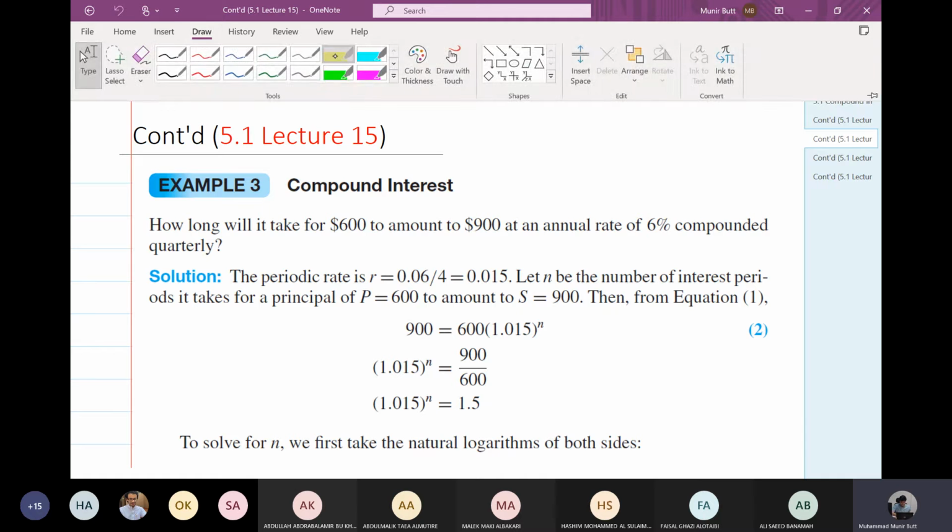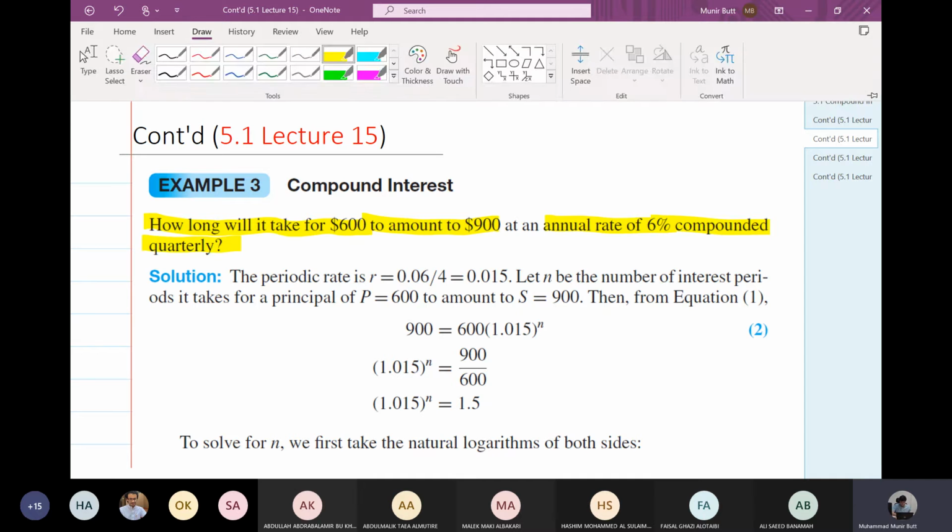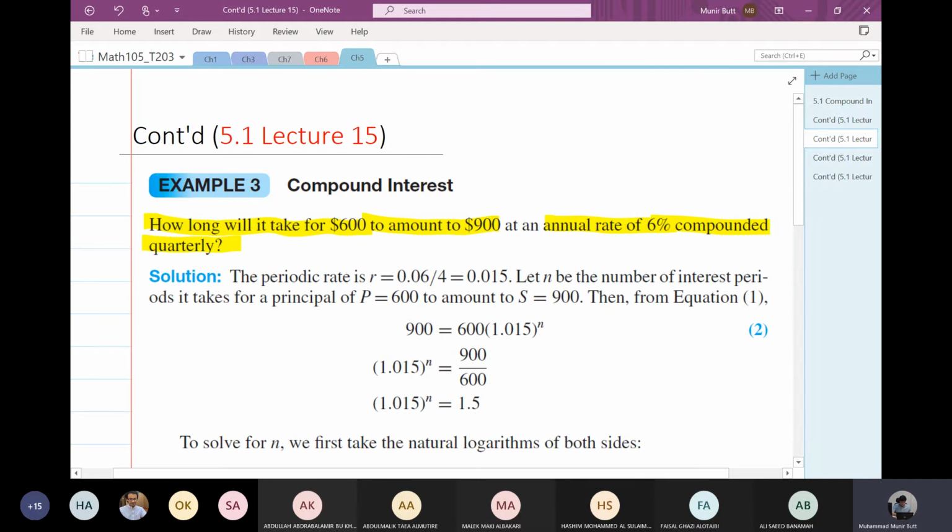So for example, we say how long will it take for $600 to amount to $900 at the annual rate 6% compounded quarterly. So now what will be the information here? He gave us again annual rate 6%.